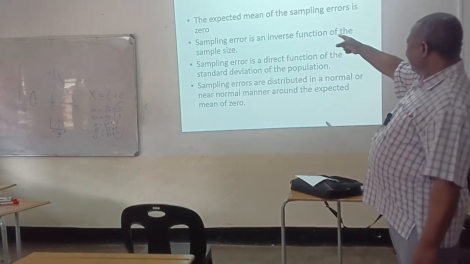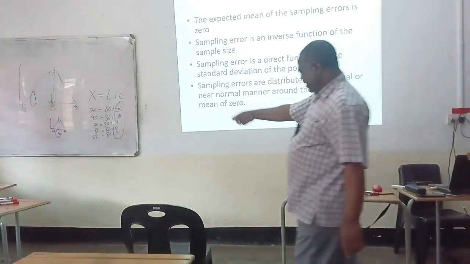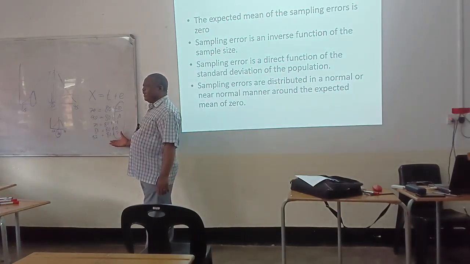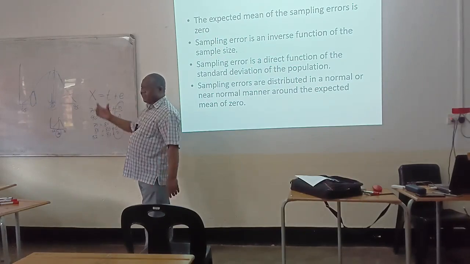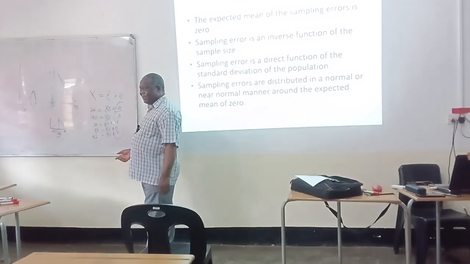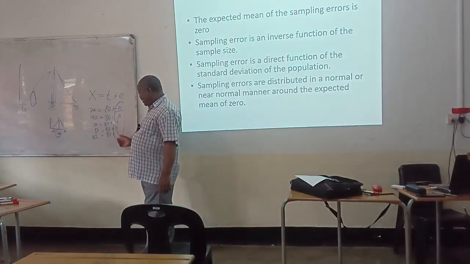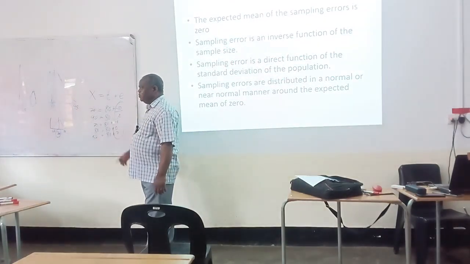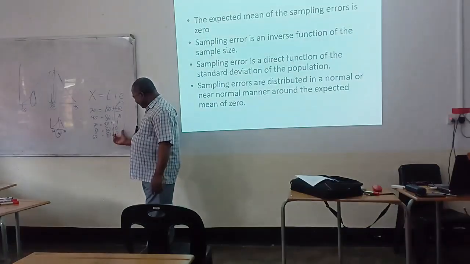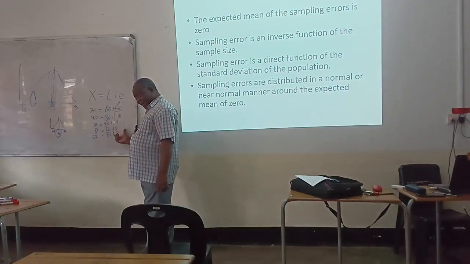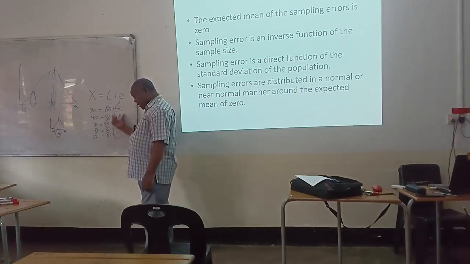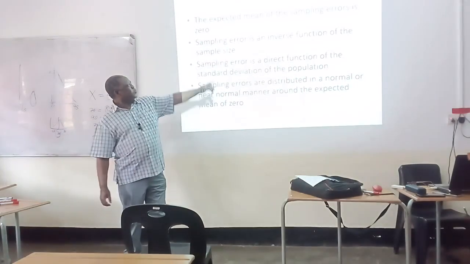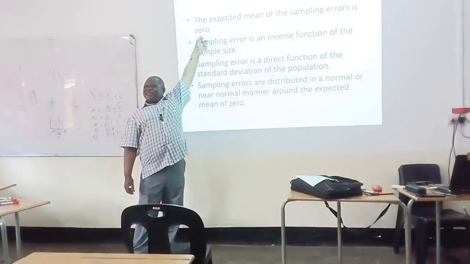One, what I was demonstrating here: if you take 100 samples of 50 students from that population and you compute the means, and then compute a mean of just the sampling errors, that mean is equal to 0.